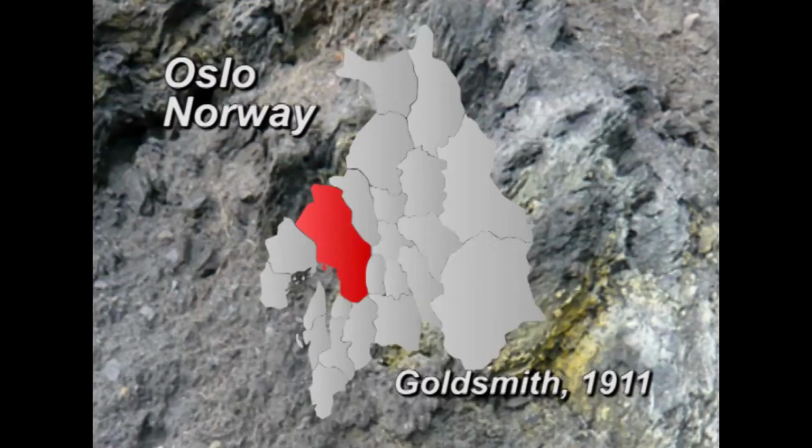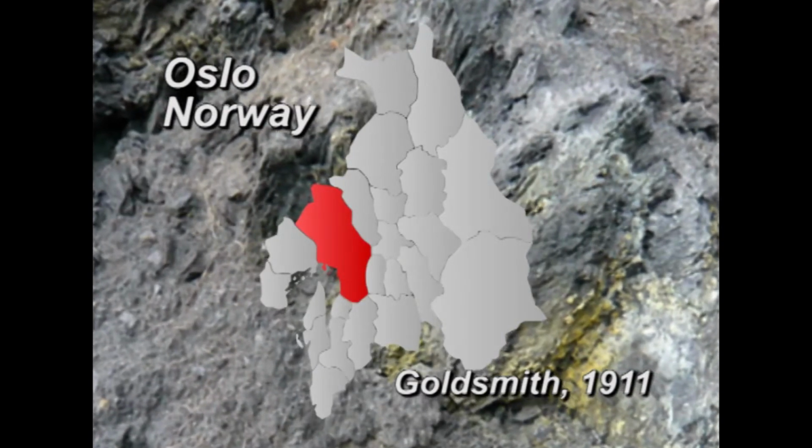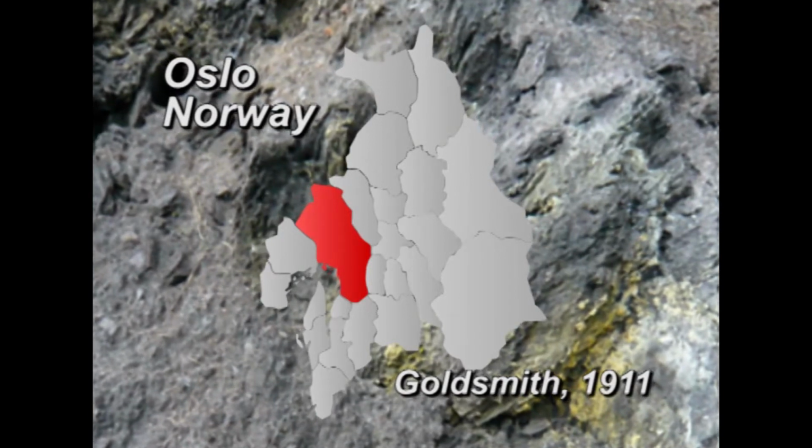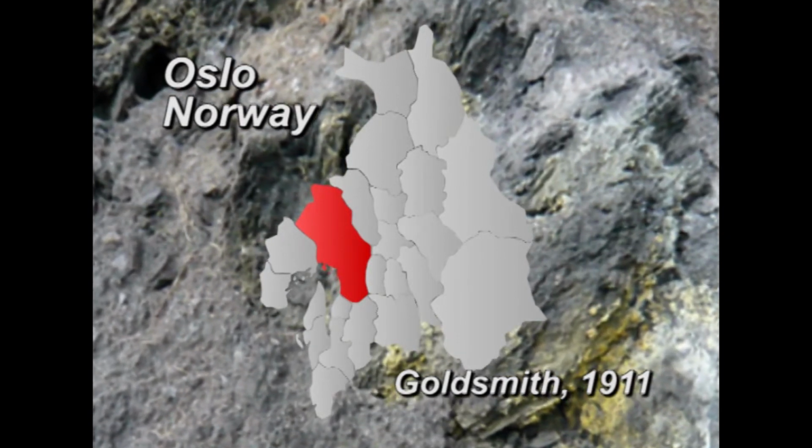From the stratigraphic evidence, Goldschmidt computed the load pressure at the time of metamorphism as between 400 and 1000 bars. The Oslo paragenesis is of special interest because it is a type of the original hornfels facies.